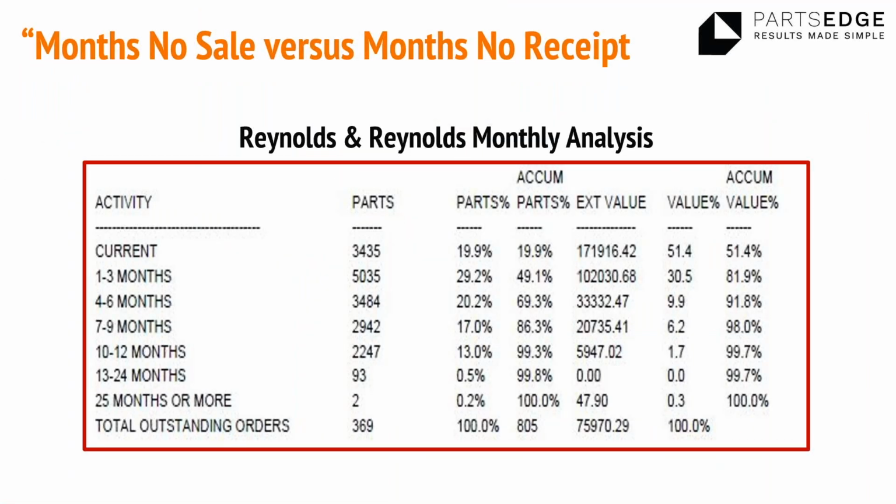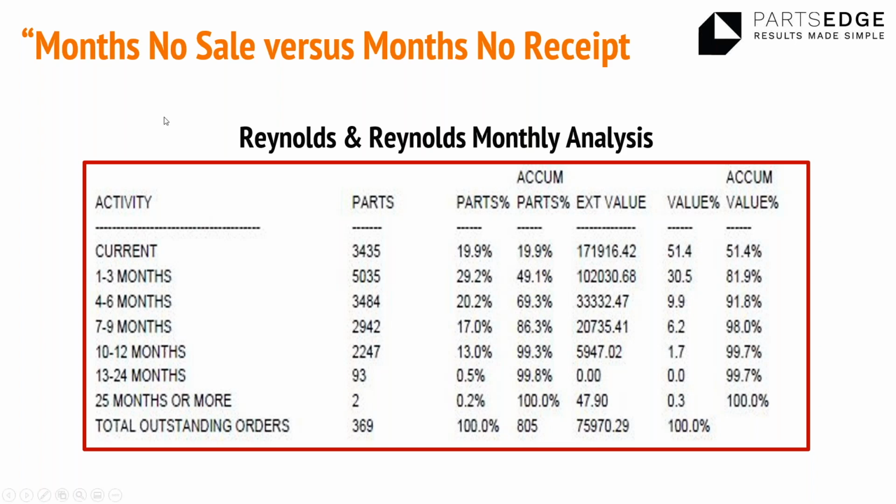Now, when you go and look at the months no sale versus months no receipt on a Reynolds and Reynolds monthly analysis, remember, typically the default is set for the months no sale report, which is exactly what you're seeing here.